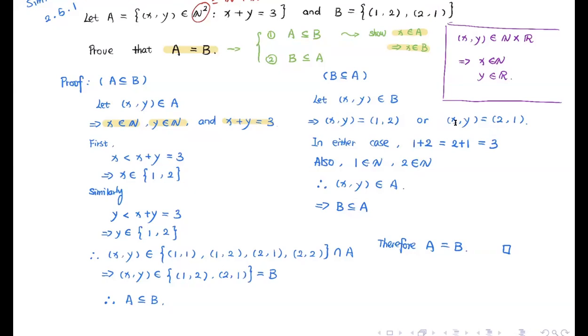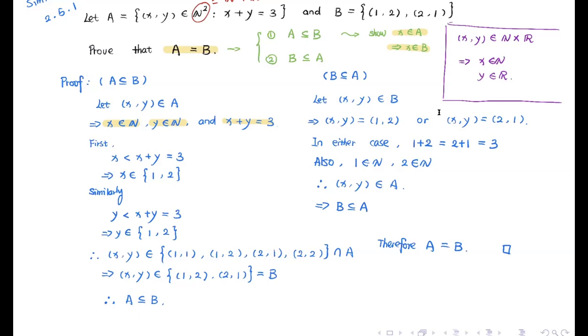Someone asked a question before. Set A is a set full of pairs x and y, right? It's in the N-squared plane. Let me draw it out. Basically, set A is saying that we have natural and natural here, so we have dots in this plane. For example, 1, 1 is here, and 2, 1 like this.